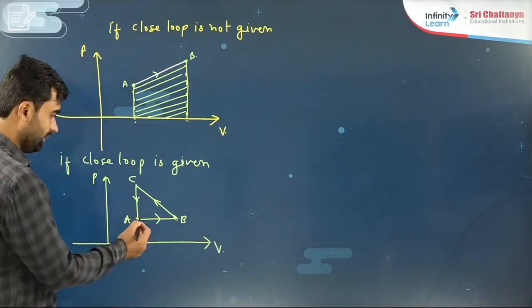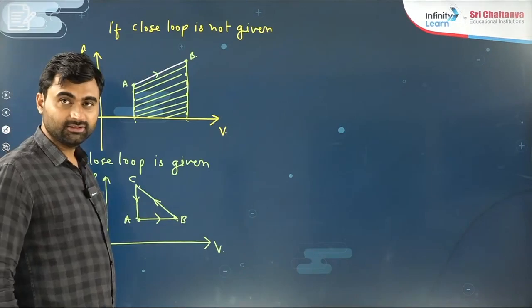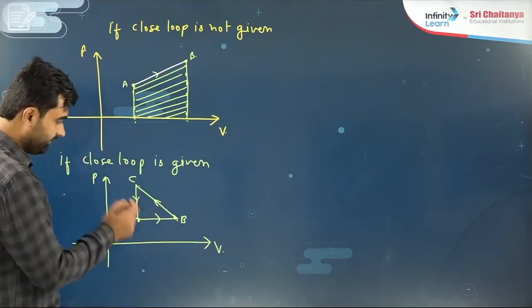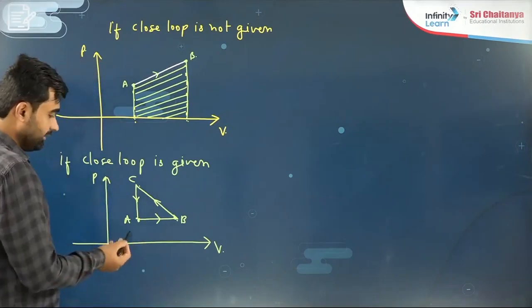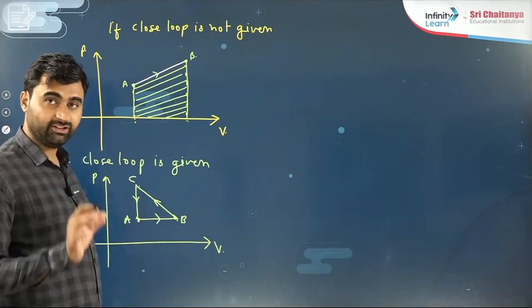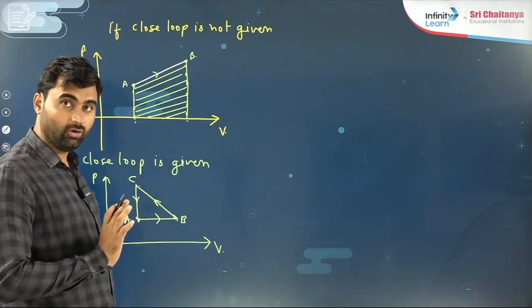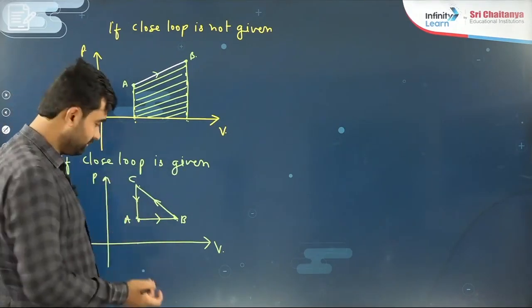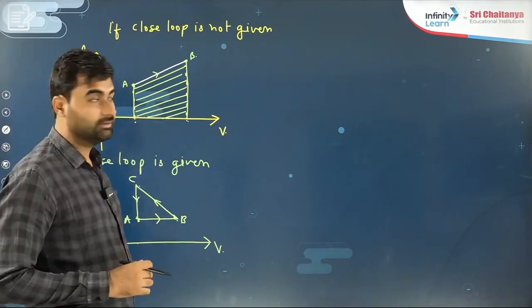This is a loop. Now there is no need to join the starting point and final point with the volume axis. If a closed loop is given, then only we have to find the area of this closed loop. Here it was not a closed loop.